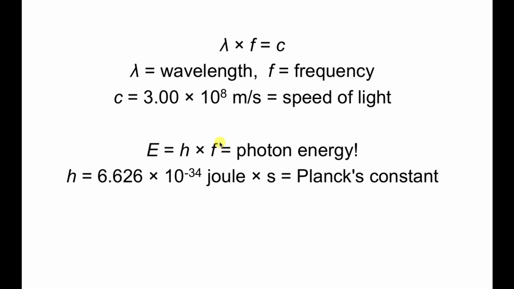So if you shine, let's say, red light on something, that red light has a certain wavelength, therefore a certain frequency. And if you take that frequency and multiply by this thing called Planck's constant, which is this number here, you get the energy of the photon. And Albert Einstein showed that this explains this thing called the photoelectric effect.